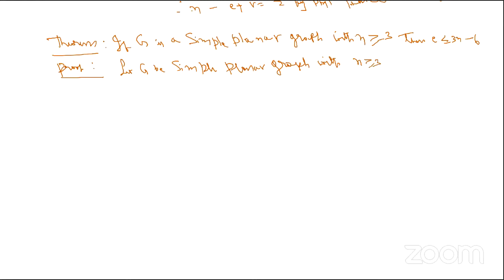Without loss of generality, WLG means without loss of generality, we can suppose that G is connected.